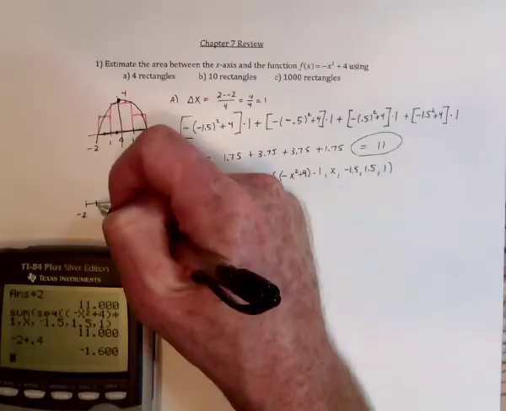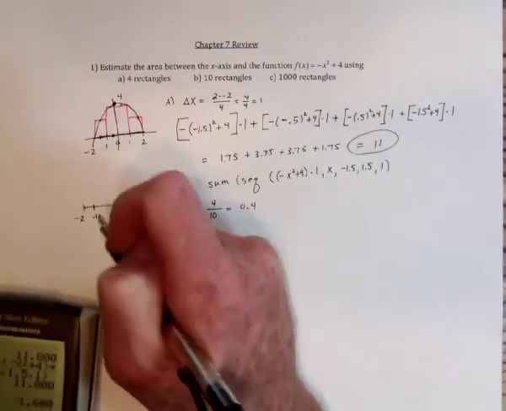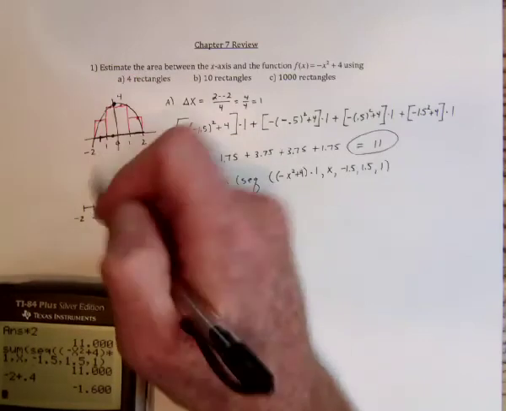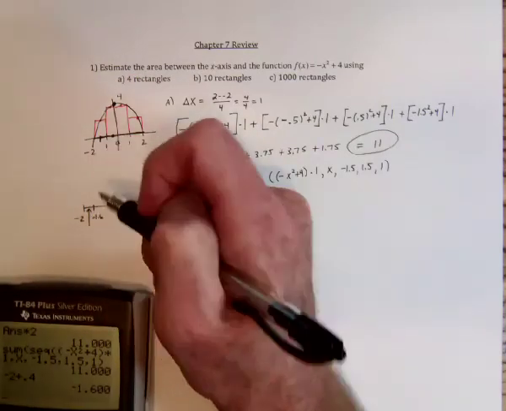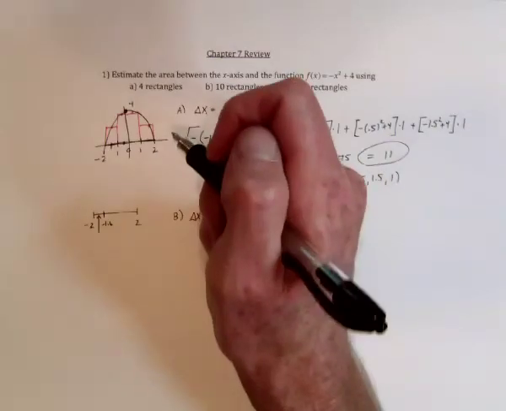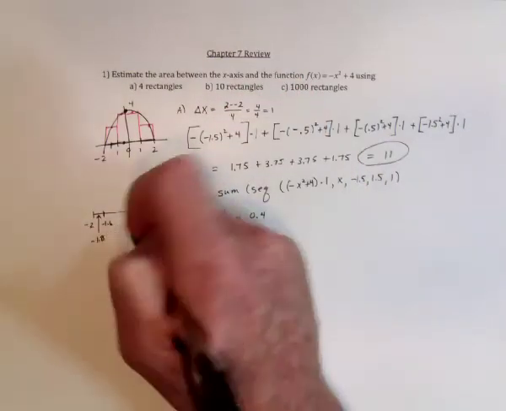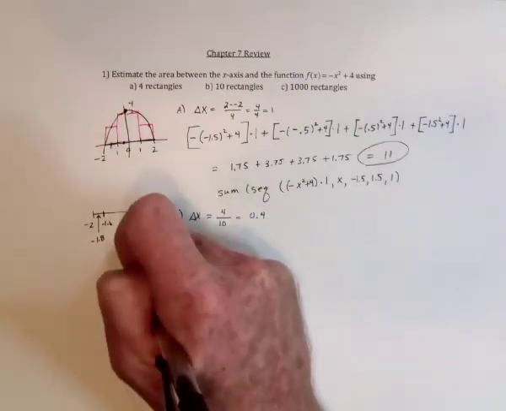So that's going to be that first interval. But then we take the middle point and substitute it in. So it's starting right here in the middle of negative 2 and negative 1.6, so that would be at negative 1.8. And by symmetry, over here it's going to be a positive 1.8.